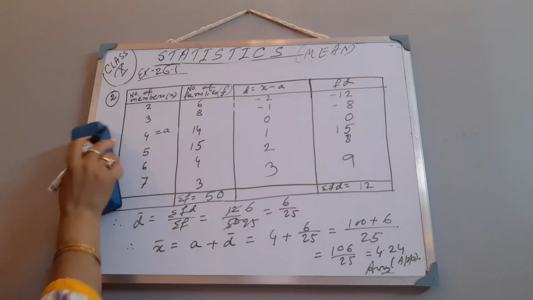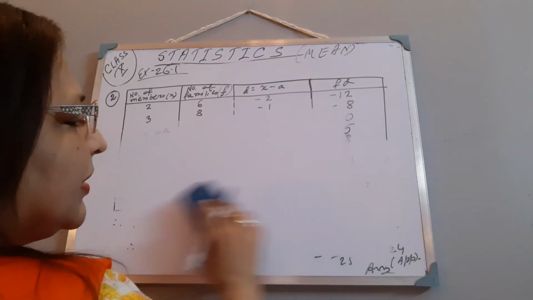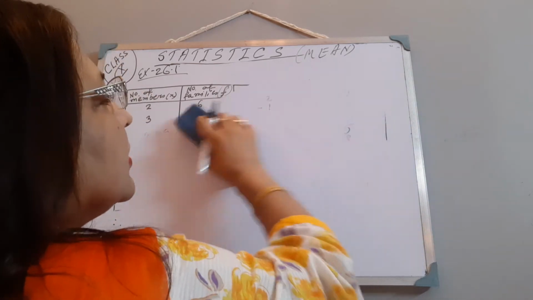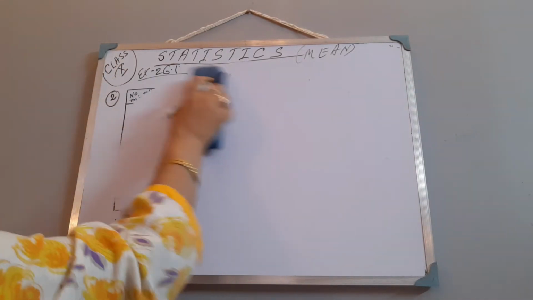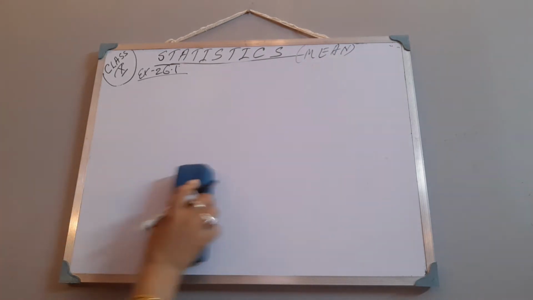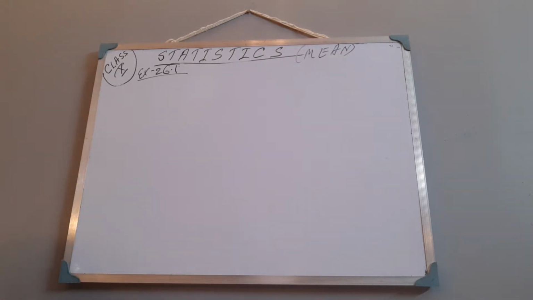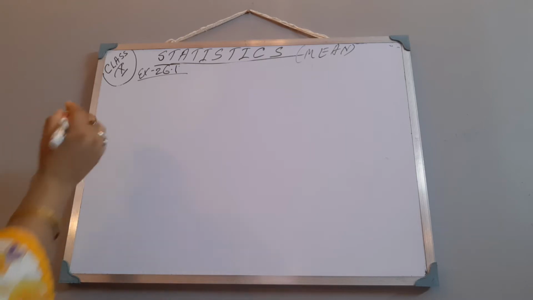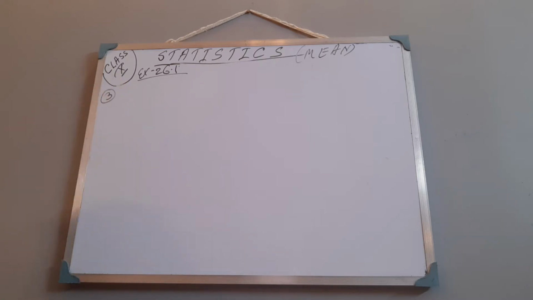Let me rub the board. Next, sum number 3. This sum number 2 was done by the assumed mean method. Now sum number 3, what is given? Variable and frequency both are given, and the arithmetic mean is given here.